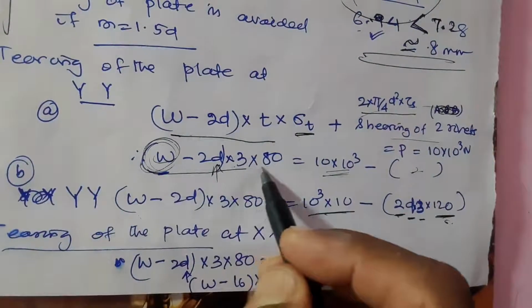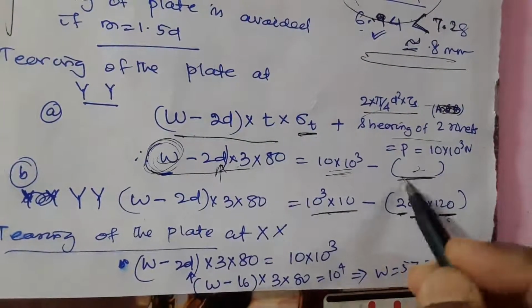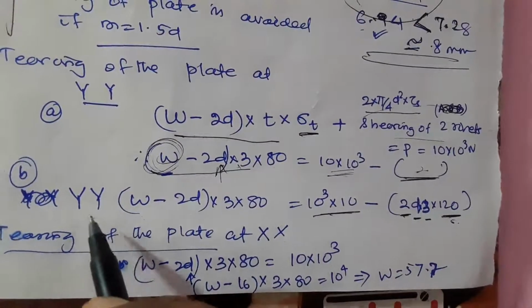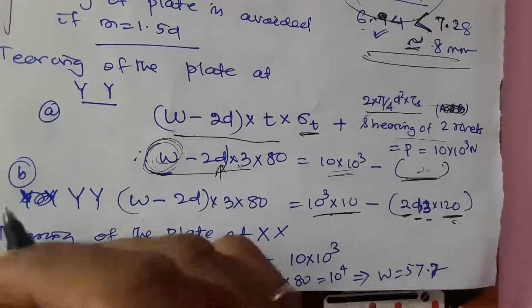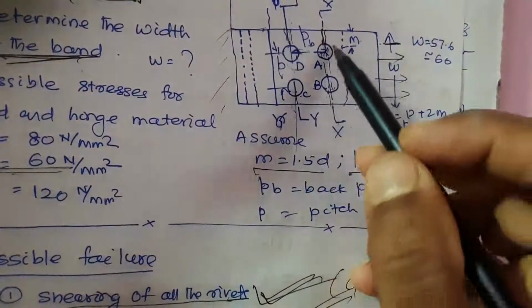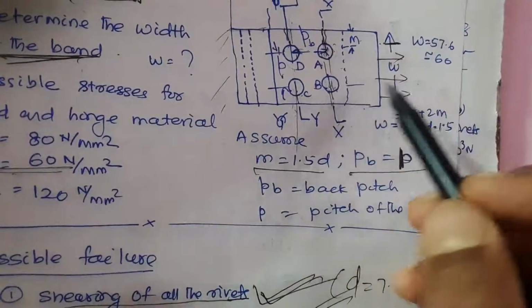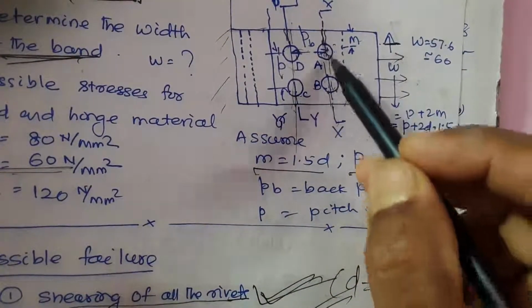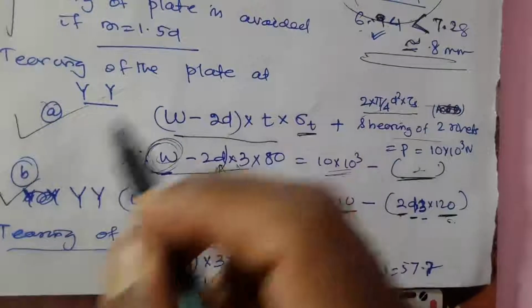It is taken on the other side, so it is minus. So at YY, two things happen: tearing plus shearing of the rivets in front of that, or tearing at this location plus crushing of these two rivets. So these are the two things.